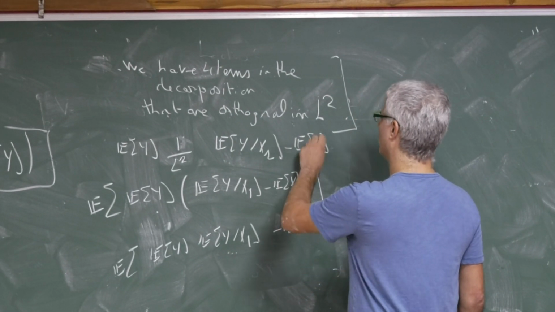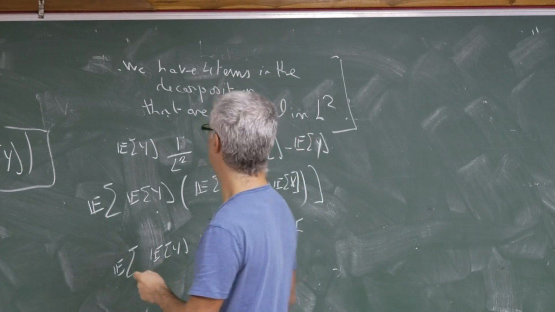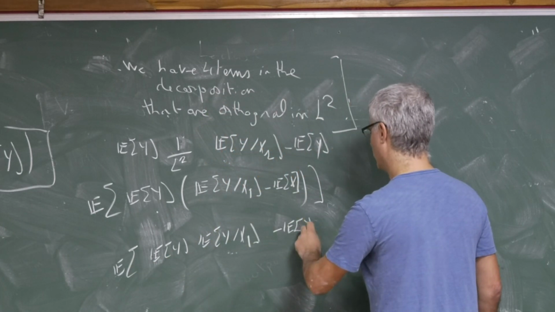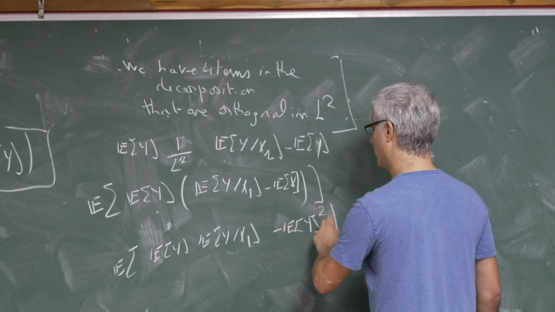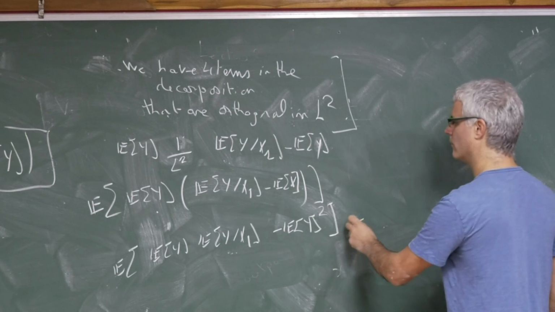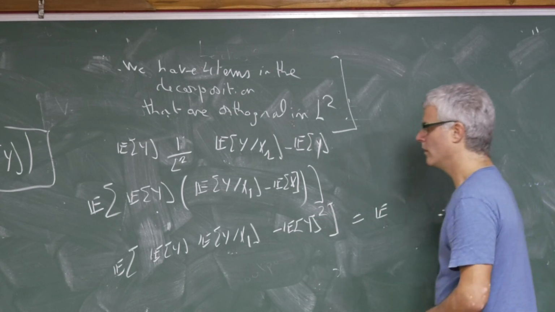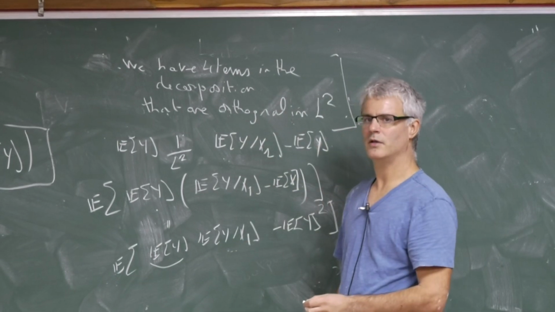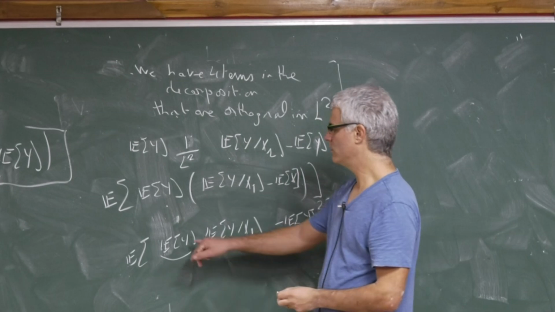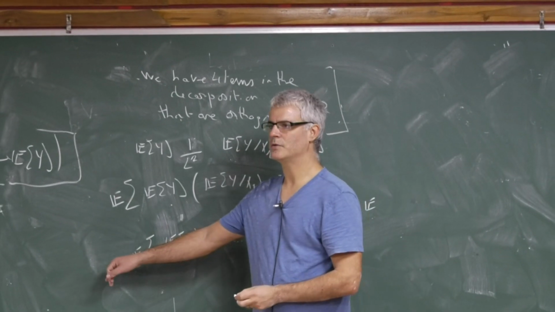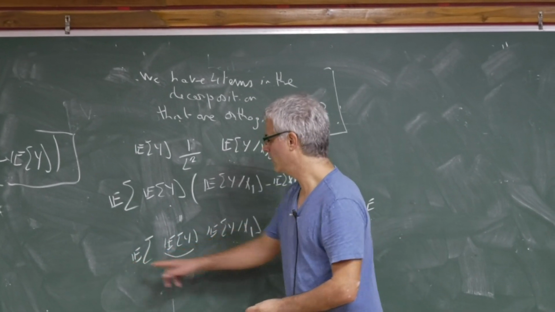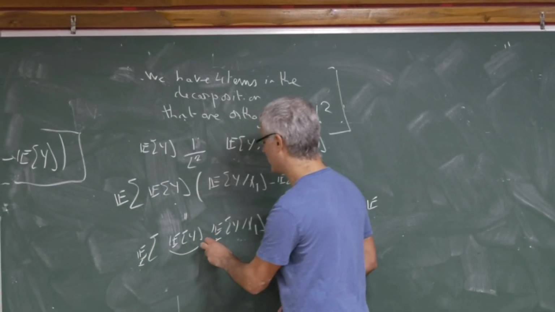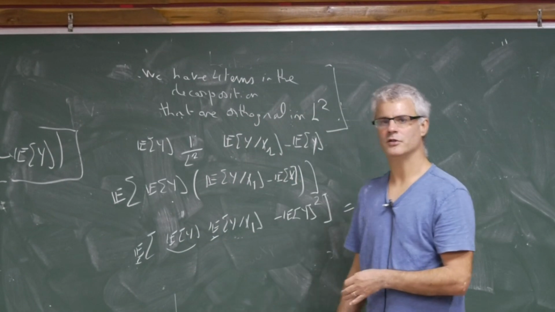So here, what did I write? Okay, so this is a constant, so you can put your constant outside this expectation. And if you take the expectation of the conditional expectation, it's just the expectation.